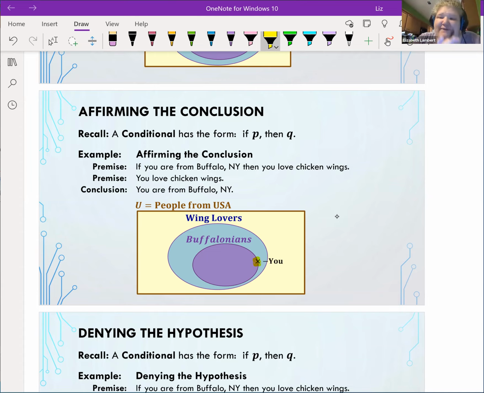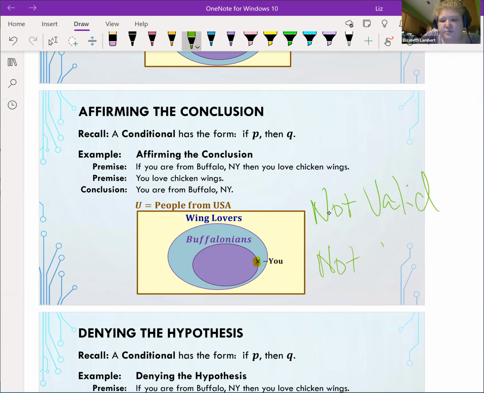So this is not a valid argument. I cannot guarantee my P by guaranteeing my Q. So this is definitely not valid, and if it's not valid, then it's not sound, guaranteed because of the definition of sound.